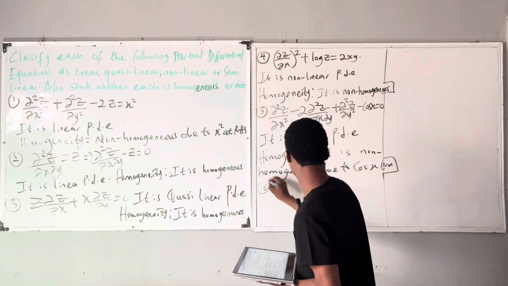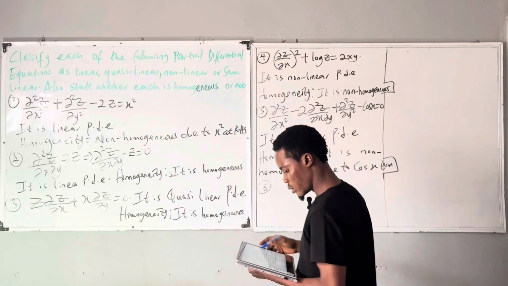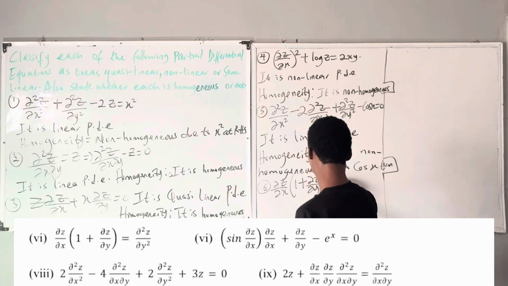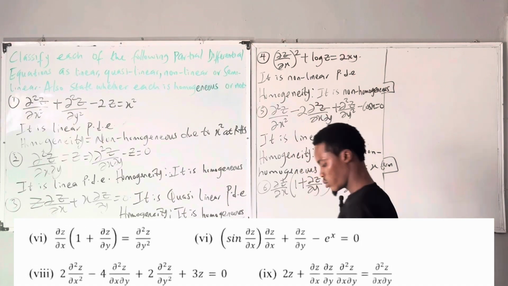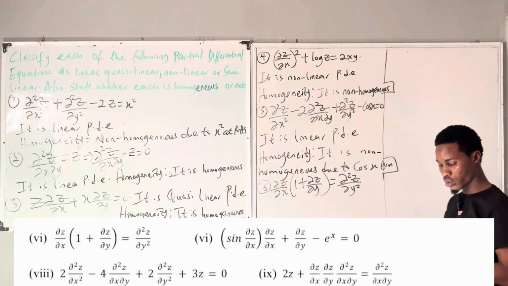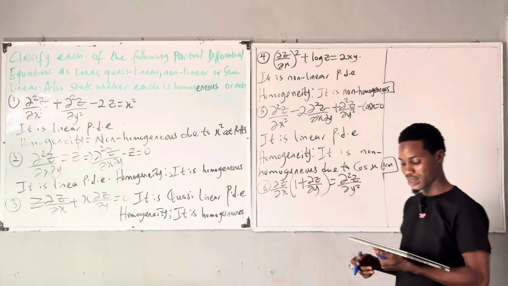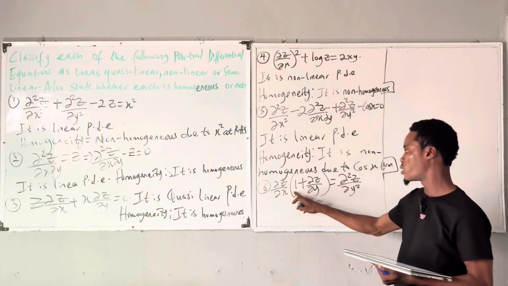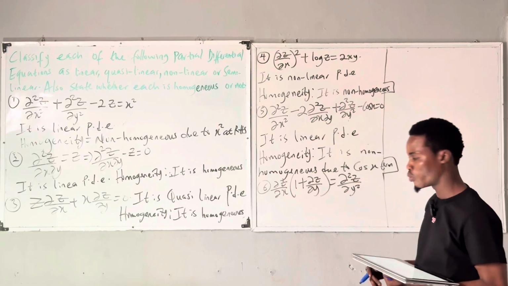So number 6 question. Di z over di x, one. You should state this one. Is it linear, non-linear? Is it semi-linear? Is it quasi-linear? So let us open this one. For us to consider this, let us open the terms embedded in the bracket.